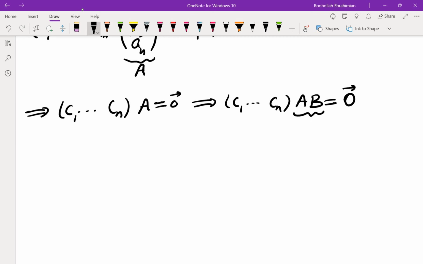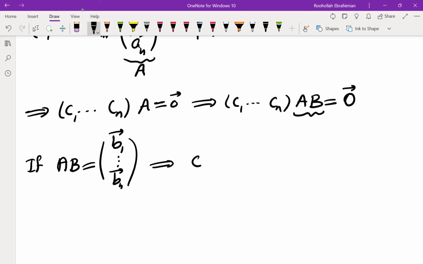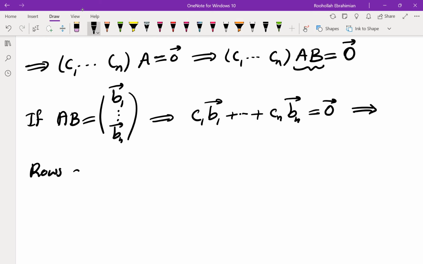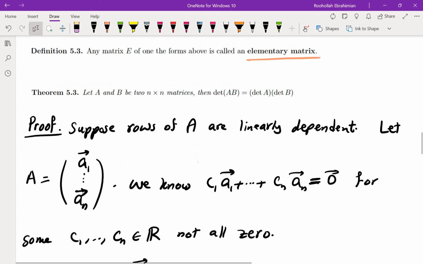It means if the rows of AB are B1 through Bn, then I would have C1B1 all the way to CnBn equals 0. And what does this mean? It means the rows of AB are linearly dependent.